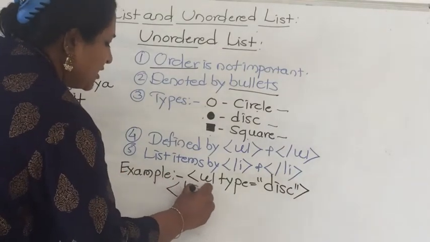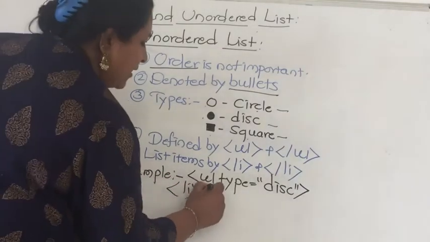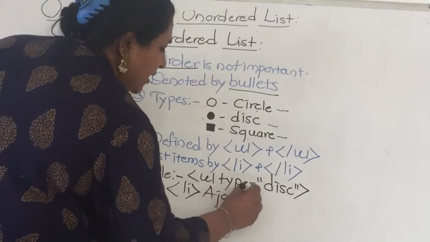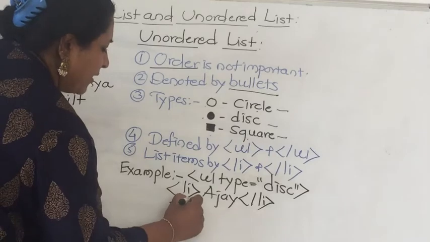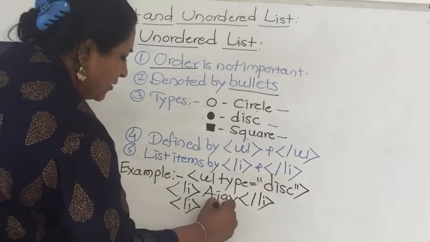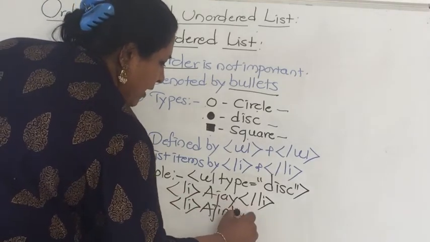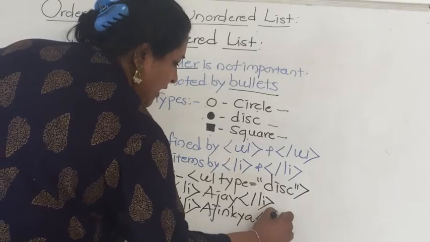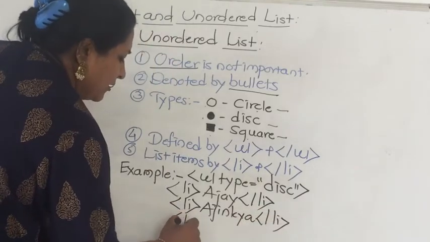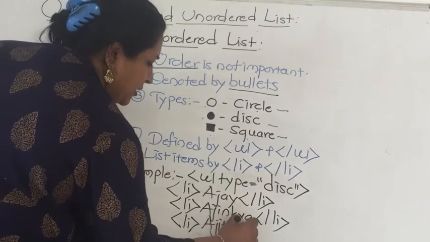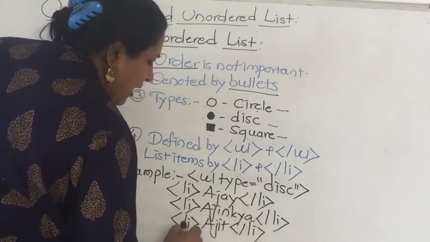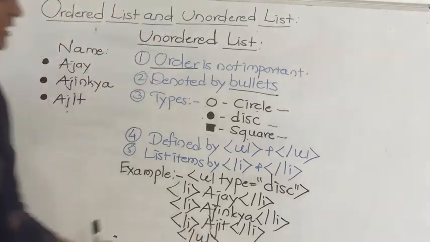Then my first list item I will define by li, that is Ajay, and then I will close it with /li. Second list item I will define by Ajinkya, and then I will close it with /li. Third list item, that is Ajit, I will close it with /li and then close it with /ul.